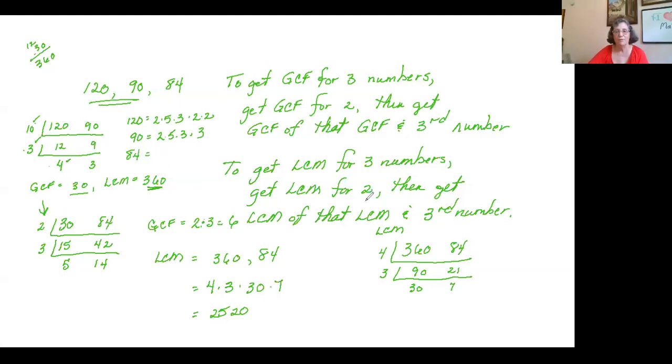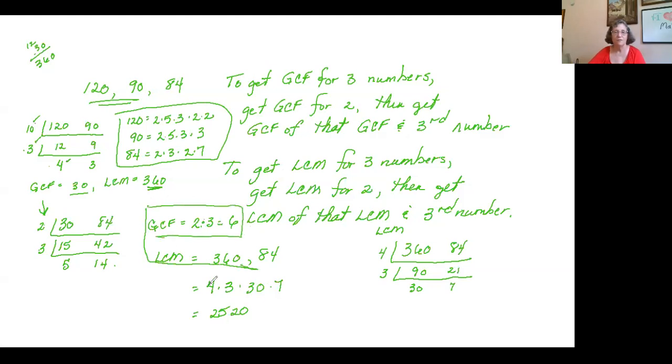And then 84 was 2 times 3 times 14, so that's 2 times 3 times 2 times 7. So we've also got the factorizations of all of these. Greatest common factors here, least common multiples down here.